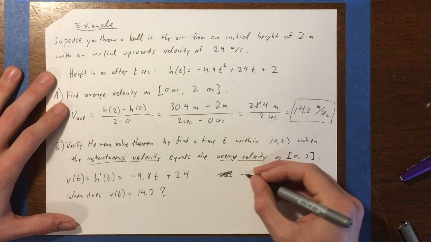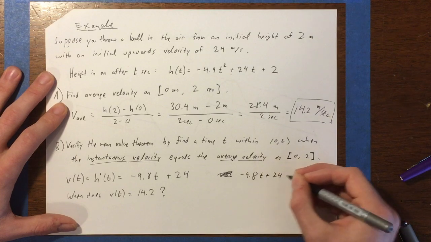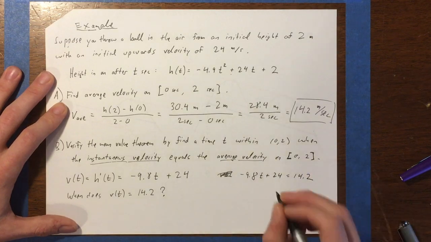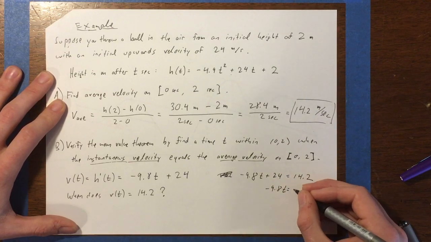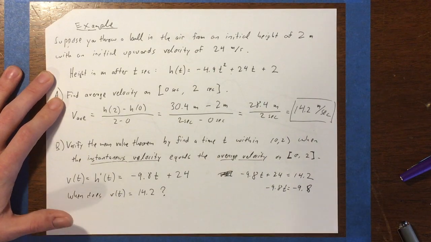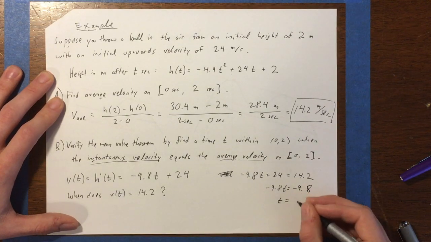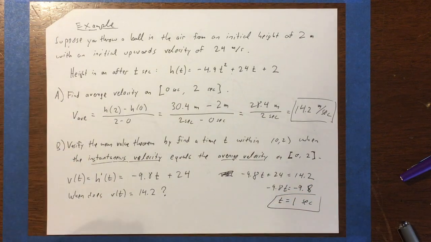So we'll write negative 9.8t plus 24 equals 14.2. Solve this equation. Subtract the 24. We actually get negative 9.8t equals negative 9.8. So t would have to equal 1 second. And that's the answer here, folks.